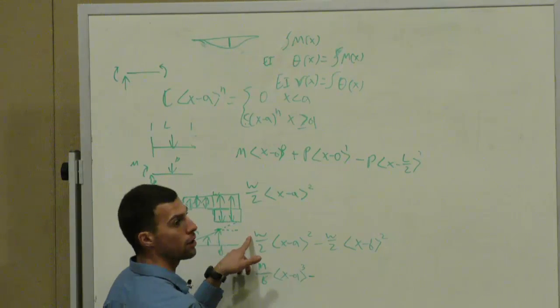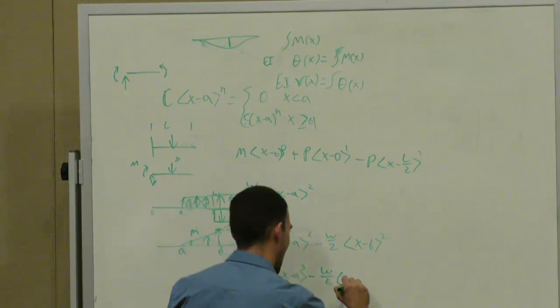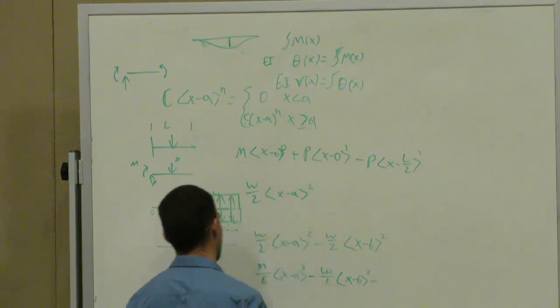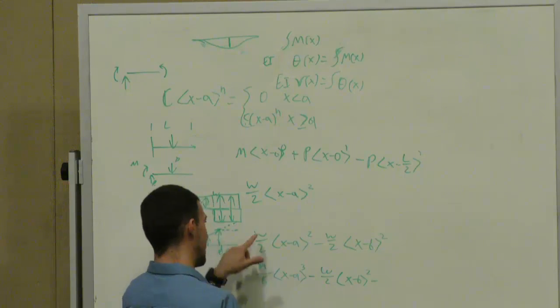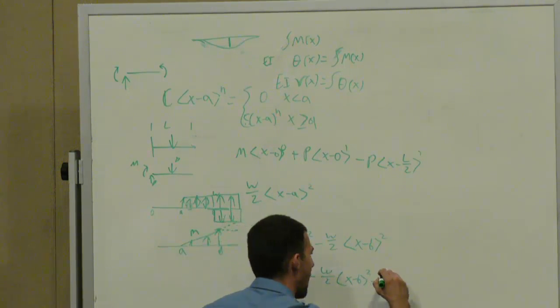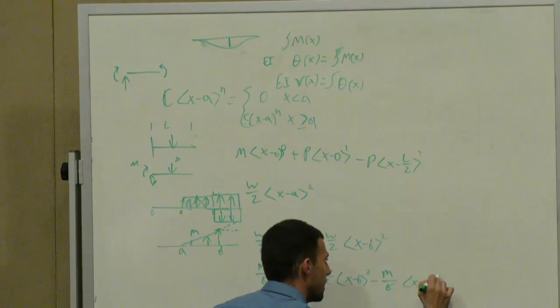That is your W. So you get W over 2 times (x minus b) squared, also subtracting out. Now you have this linearly distributed load of the same value, so same slope, but now it starts at b.